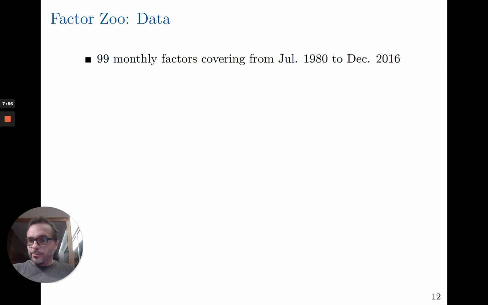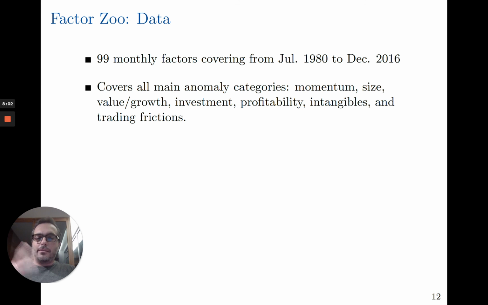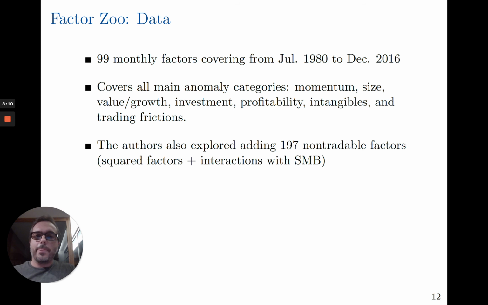Okay? So, bringing this technique to data: again 99 monthly factors and anomalies like momentum, size, value, growth, investment, profitability, intangibles, and trading frictions. They also included 197 non-tradable factors.